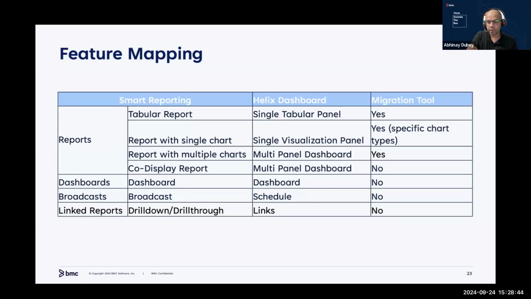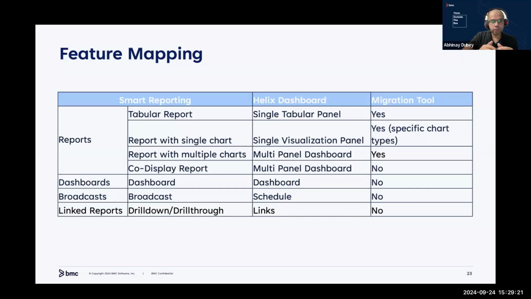But in Helix Dashboard, everything is a dashboard, and it can have one or more panels on it. So a co-display report essentially becomes a dashboard with multiple panels on it. The same goes for a report with multiple visualizations: it's essentially a dashboard with either a tabular panel or some other visualization on it, and you can have one or more of these.